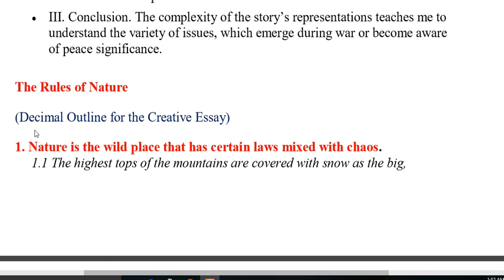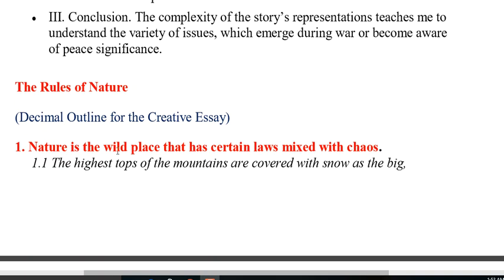This is another type of the outline. Clear? And the topic, the chapter or the book name, may be The Rules of Nature, which is an essay or discussion. And the very first outline is: nature is the wild place that has certain laws mixed with chaos.